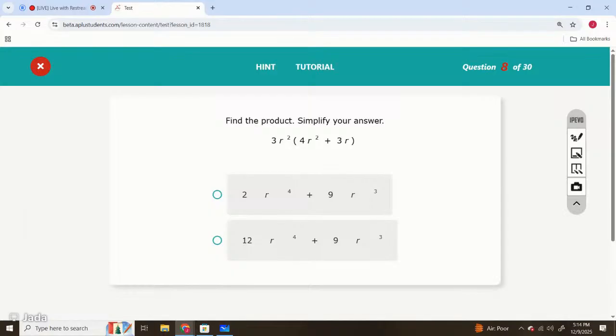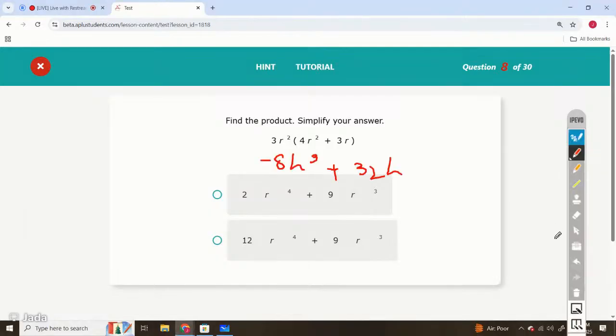3r square times 4r square plus 3r. 3 times 4 is 12, 12r to the 4. 3 times 3 is 9r cube. That is 12r to the 4 plus 9r cube.